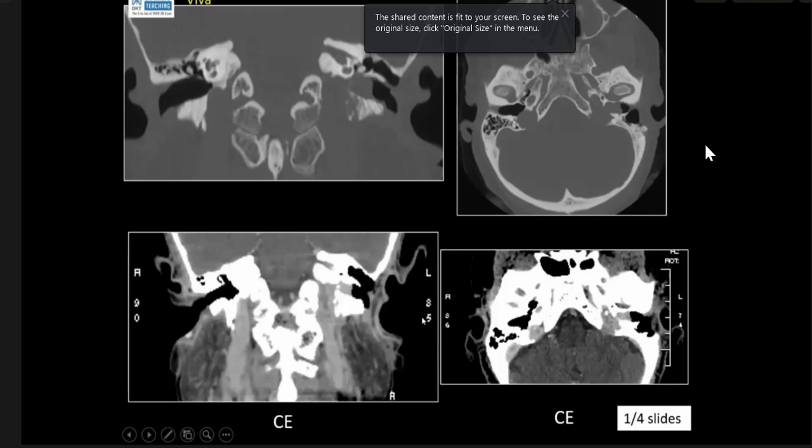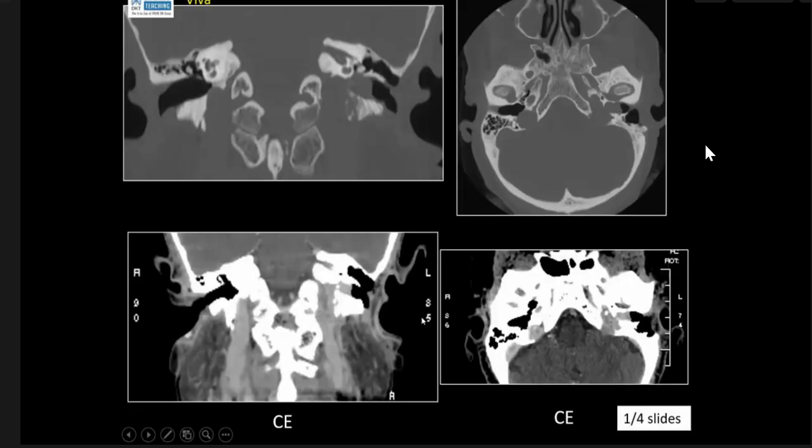So with regards to this location and the irregularity seen here, my first differential will be glomus jugulare tumor. So what is the glomus jugulare?